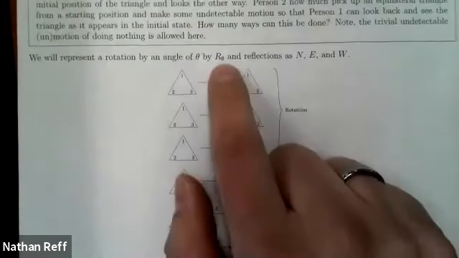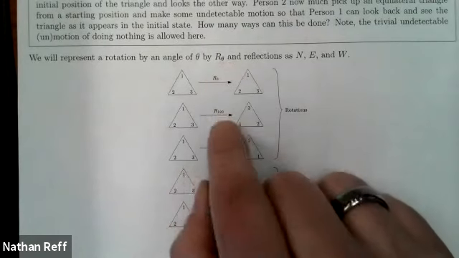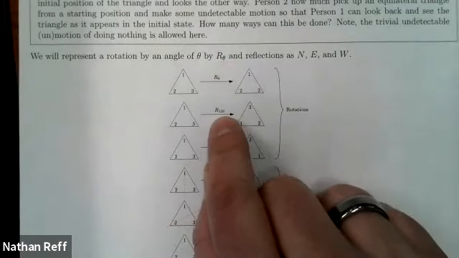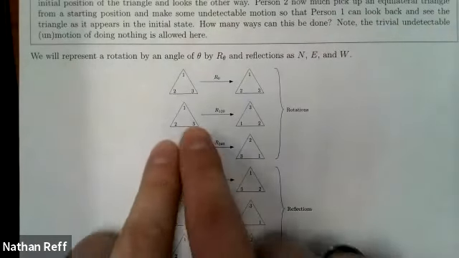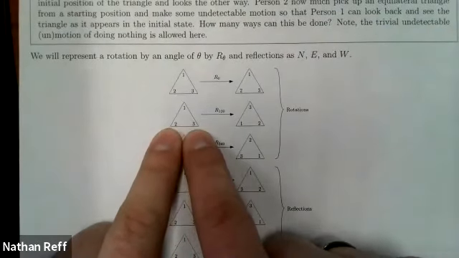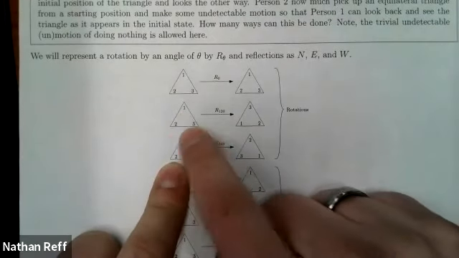We could denote the angle at which you're going to rotate it, in degrees, as a subscript here. Using the classical convention from geometry, rotations are usually counterclockwise. So let's say you took this triangle and rotated it 120 degrees counterclockwise. What's going to happen to the position of these numbers?